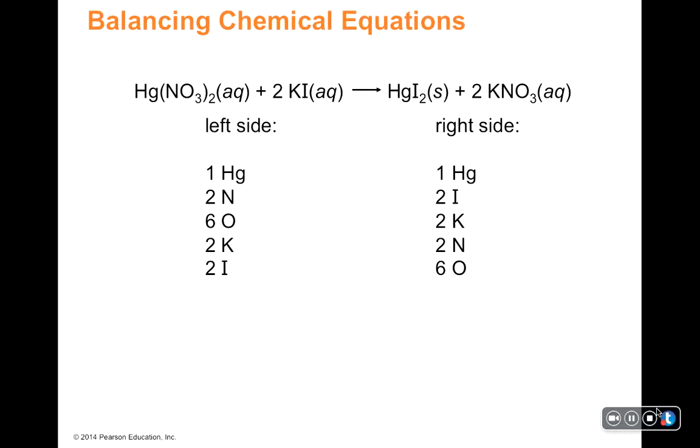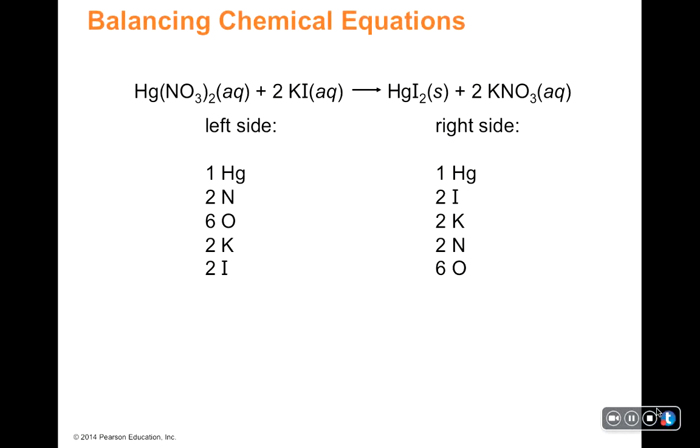If we look at an equation like this and think about how we would balance it, or think about whether it is balanced, again, the numbers get multiplied through. So I'll walk through this one. On the left here we have 1 mercury atom. If you look at the nitrate, so it's mercuric nitrate there, you'll see that there are 2 nitrate groups.